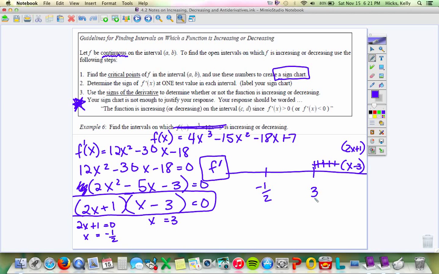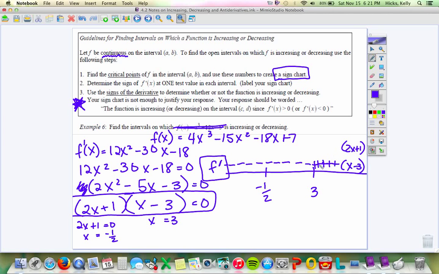When you plug any number between negative 1/2 and 3, let's say 0, it doesn't really matter what number you pick. Pick an easy one because they're all going to be the same. Between negative 1/2 and 3, let's pick 0. If we plug 0 in right here, we get negative numbers, right? Now, if we plug any number less than negative 1/2 into this, we still get negative numbers.